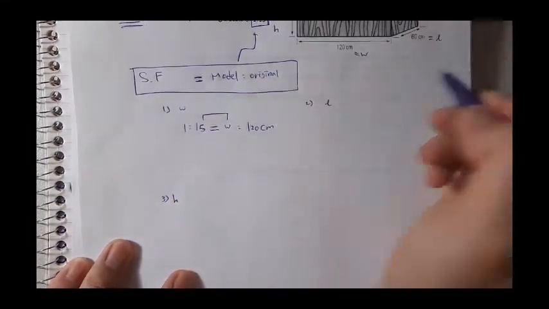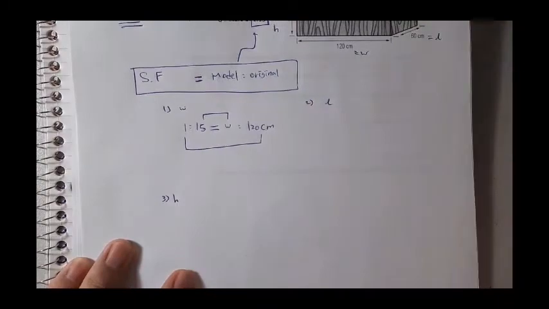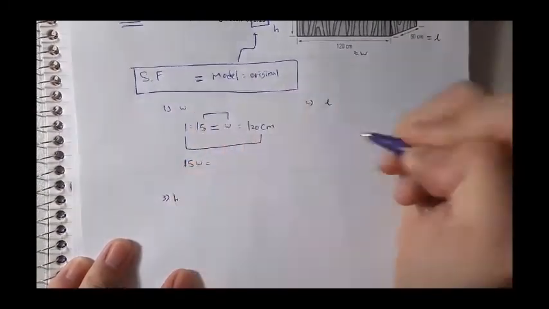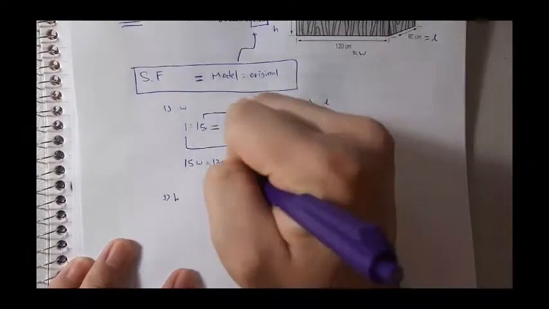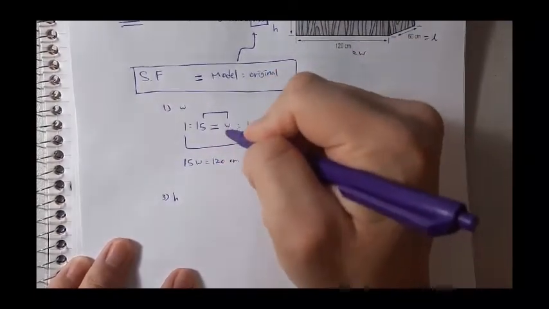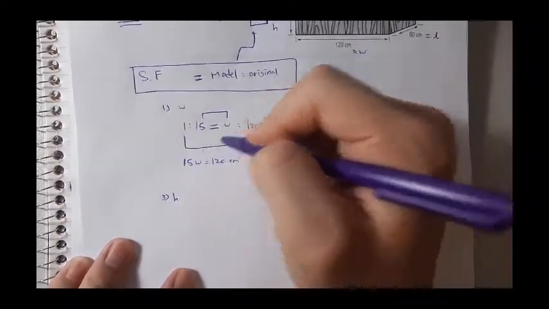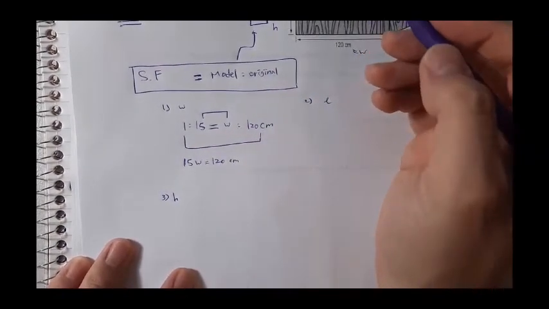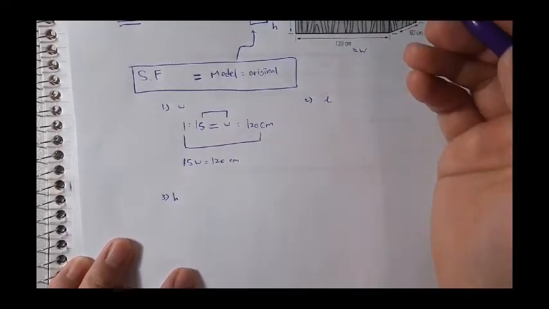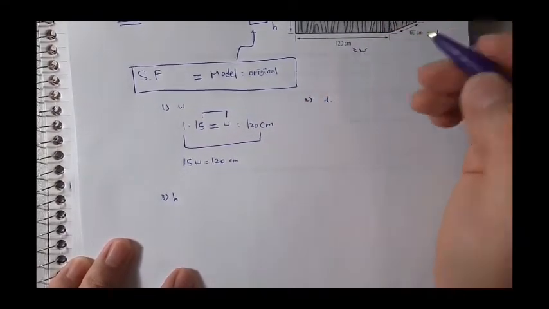Whatever you multiply inside should be equal to what I multiply outside. So 15W is equal to 120 centimeters. Some people say, Mr. Kim, can I just make it an X? Feel free. Then 15X is equal to 120 centimeters. You may notice that I keep the unit because that helps me draw things easily.